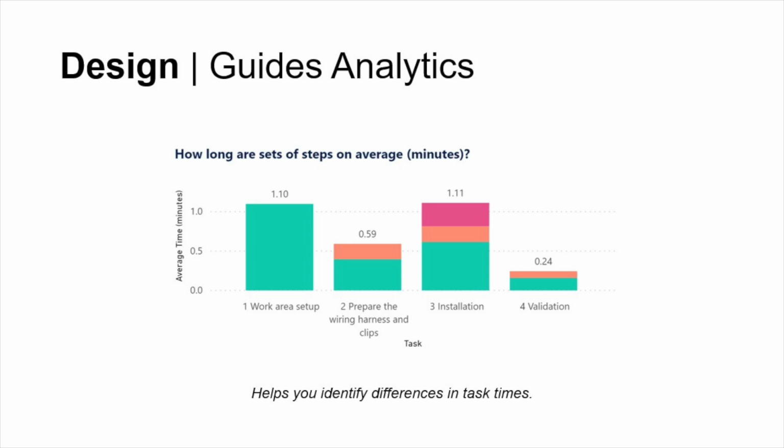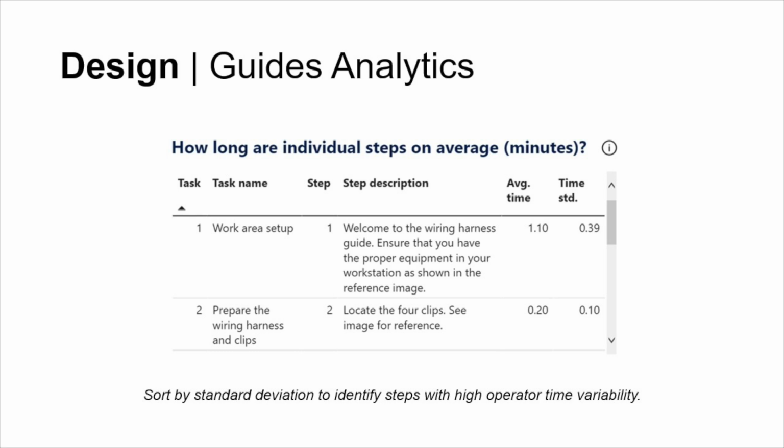The time it takes for each one of these steps is summed in a stacked bar chart, and you can at a glance figure out which tasks are taking a long time, maybe taking too long. And then based on that study sheet, I built a tabular view where you have every step described together with its average time and a standard deviation. So you could sort that table by standard deviation, figure out which ones have the most variability in them, and maybe target those for improvement.